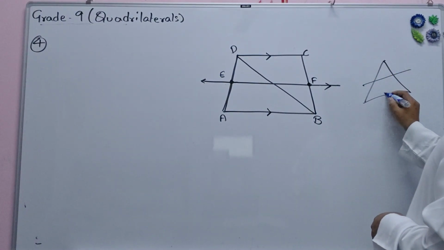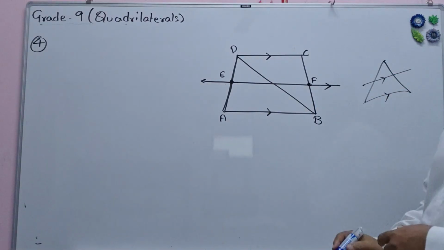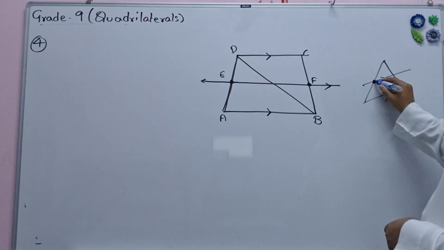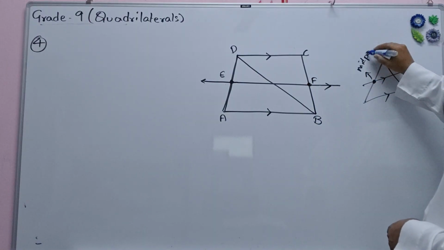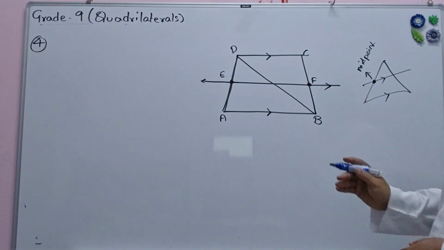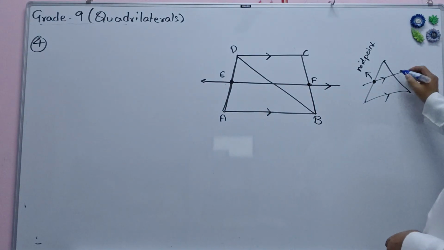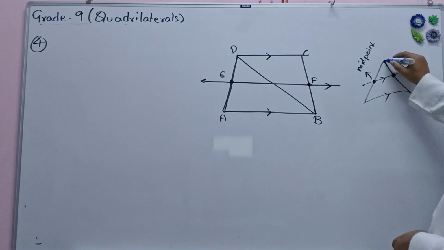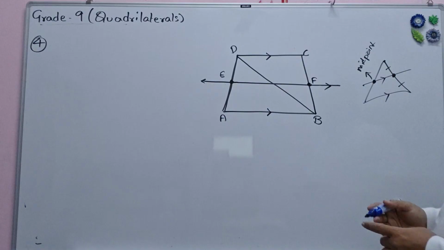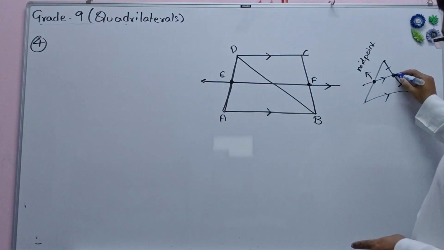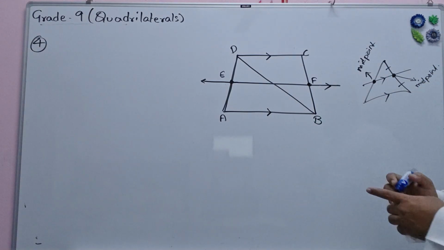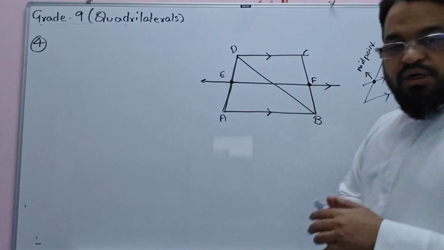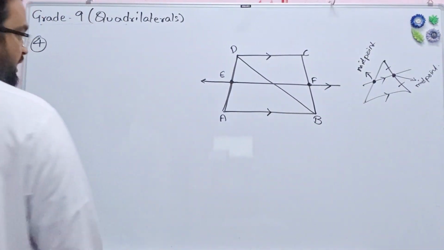If a line is parallel to one side and is passing through the midpoint of another side, then it bisects the third side. That means these two are equal. So that means this point also is a midpoint. This is the converse of it. Understood?